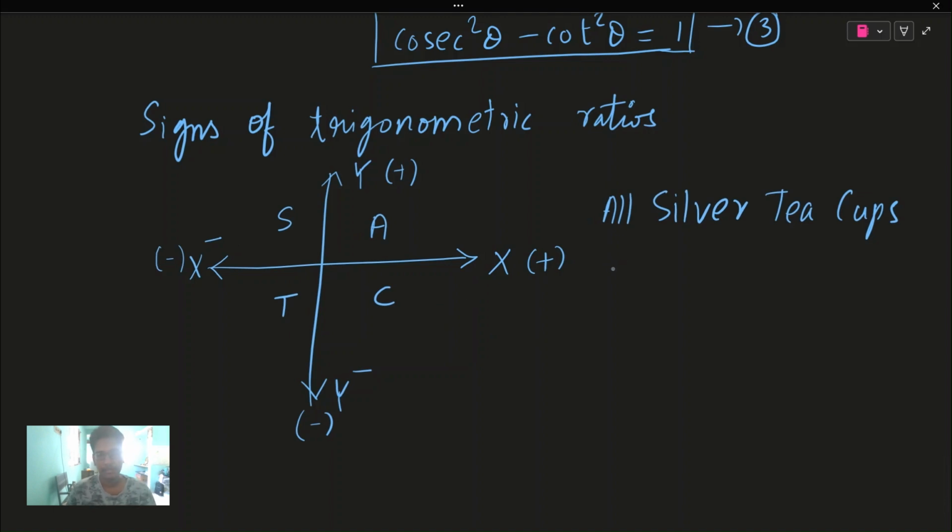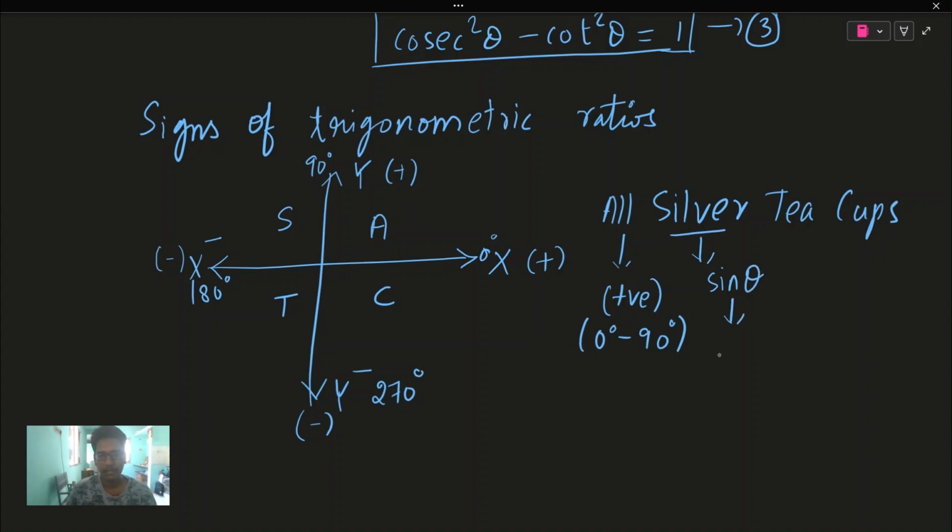All Silver Tea Cups in the sense, if 0 degree, 90 degree, 180 degree, let's name it in degree also, 270 degree. So All refers to all the trigonometric ratios being positive in the angle range 0 degree to 90 degree. Silver denotes sin theta, which would be positive in the range of 90 degree to 180 degree.